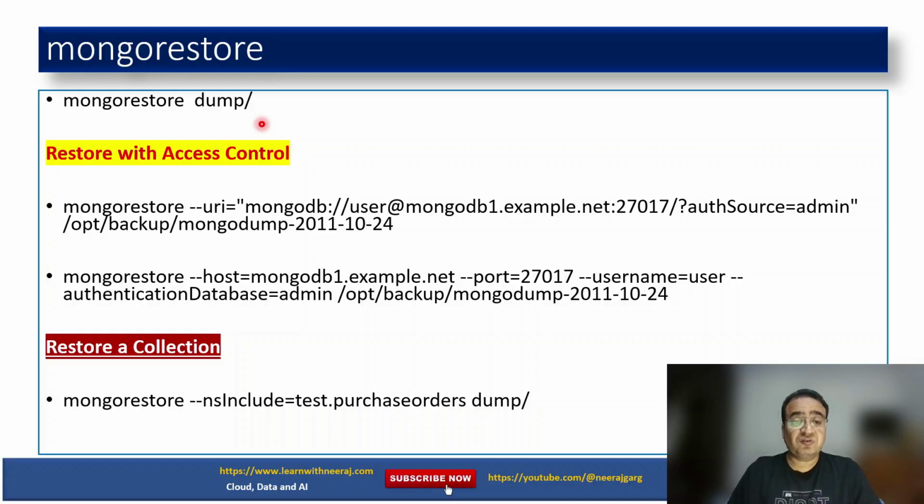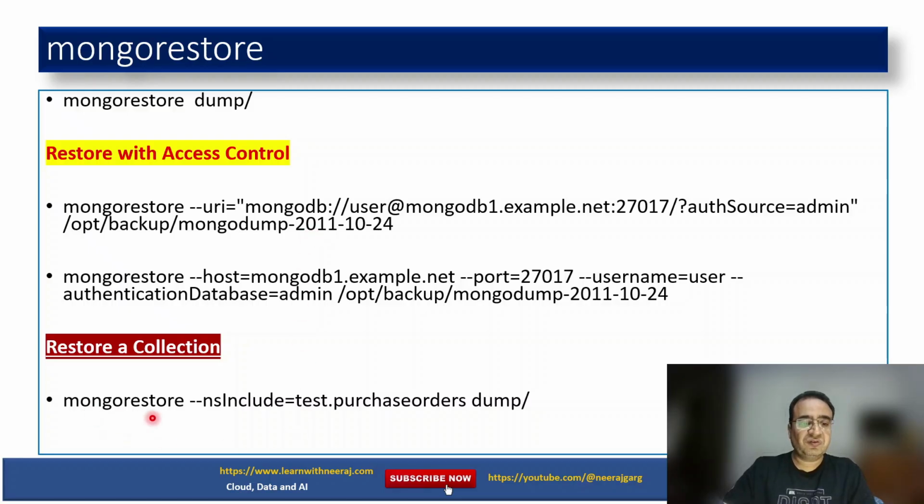I will also show you how we can restore that data to MongoDB Atlas, and I will show you it working. So this is mongorestore, this is the URI connection string, and this is the path on your local system. I will show you the exact working command for this.